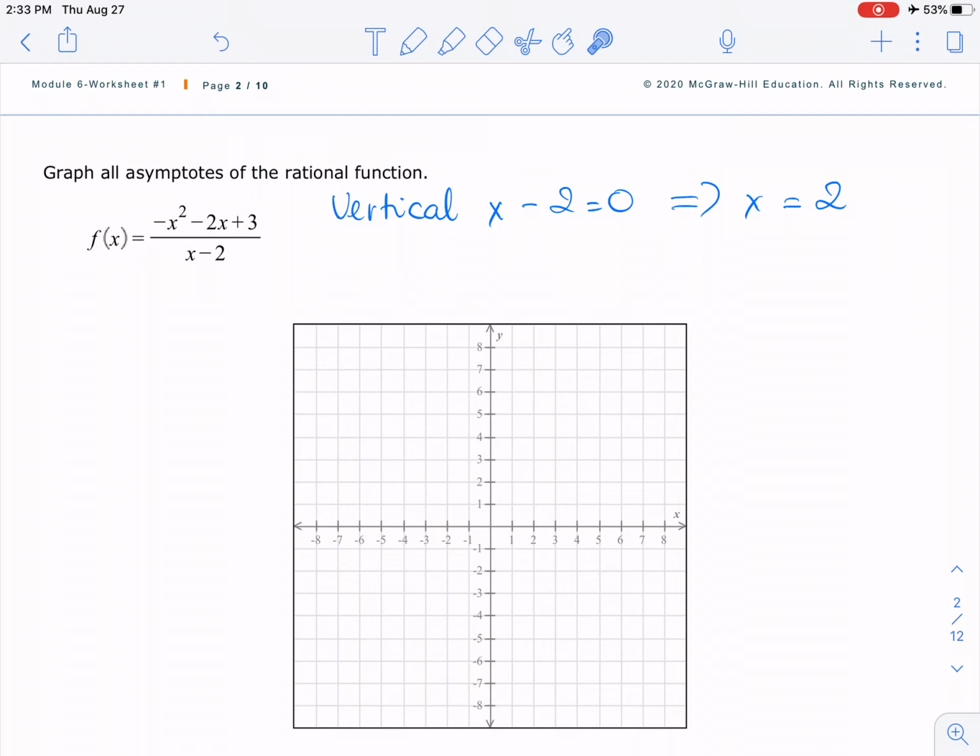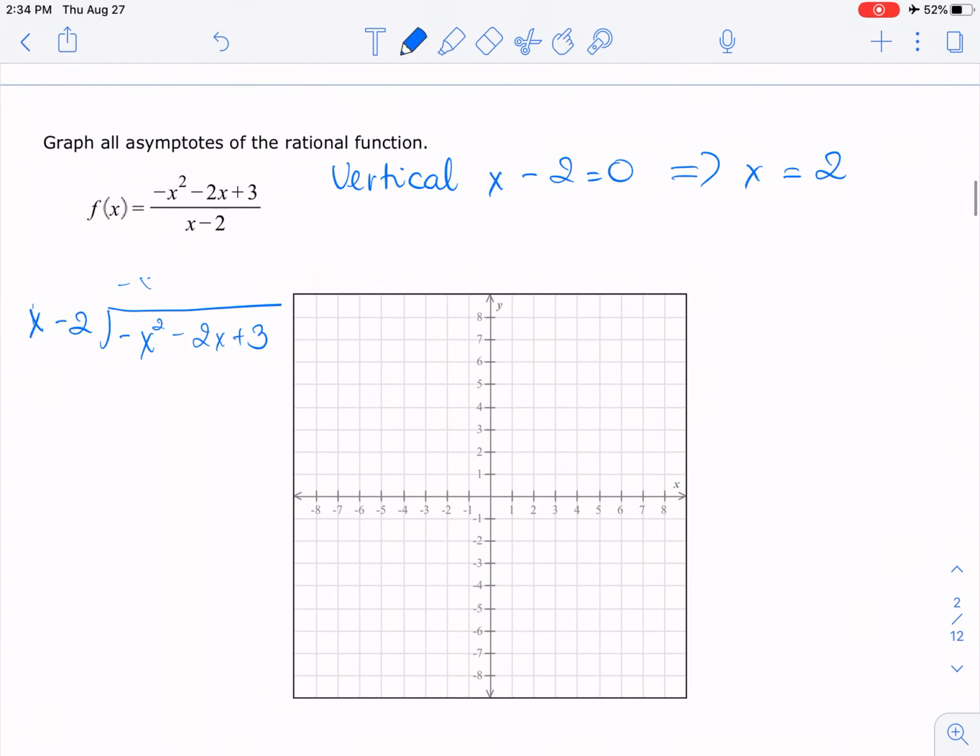We simply take the top and divide the bottom. So I can do long division for this one. If I do the long division, negative x squared plus 2x plus 3, and I have negative 4 plus 8.